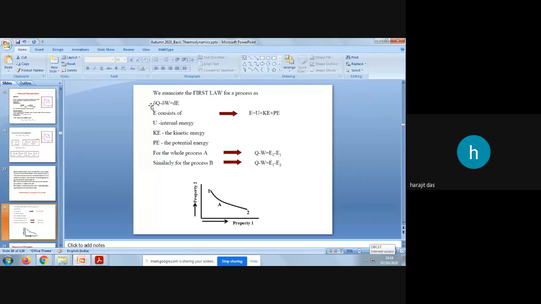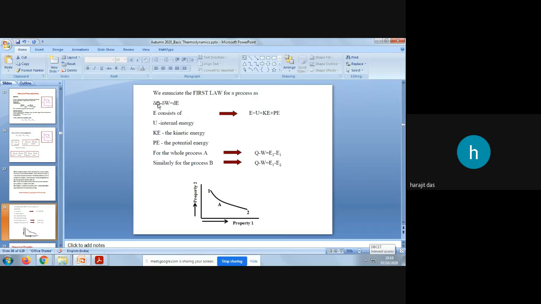Suppose one very hot metallic body is moving on the floor, and you are doing some work, restricting the ball and stopping it. So what will happen? The ball will stop, isn't it?